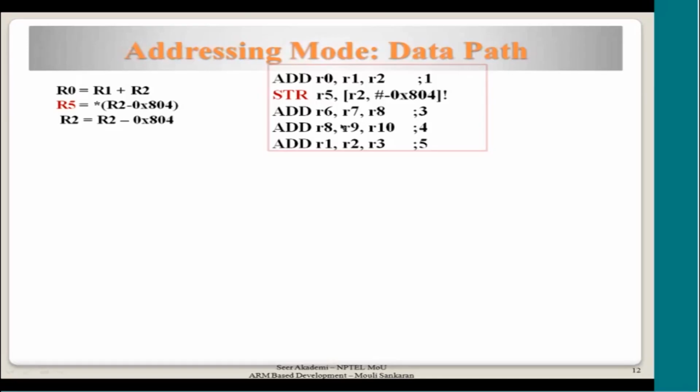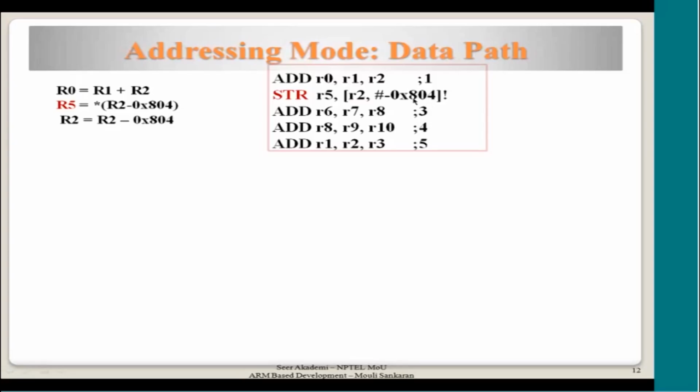Now where is the address? What address? Processor doesn't know. So we are giving the instruction to it, saying that you take the 32-bit value which is there in R2, okay, and then you subtract from it 804. Why 804? You can't give more than 3 hexadecimal digits, that means 12 bits. Okay, that's the limit.